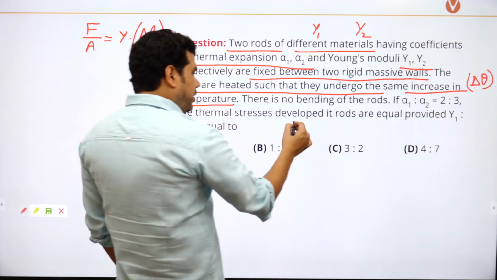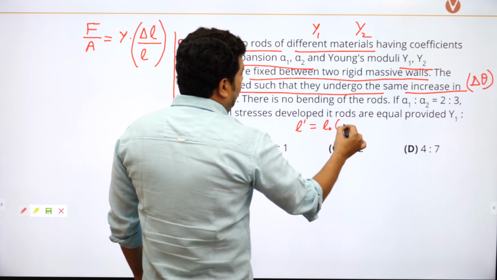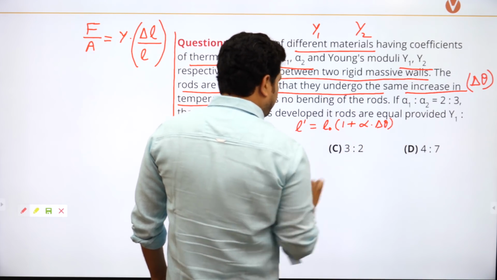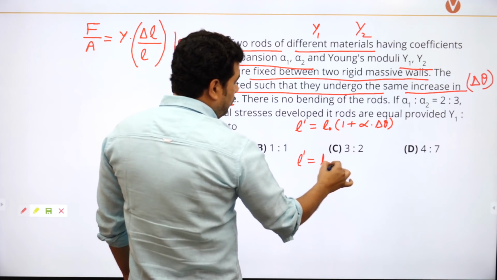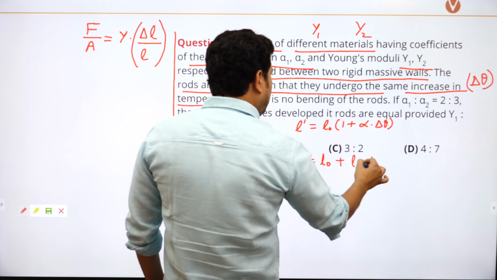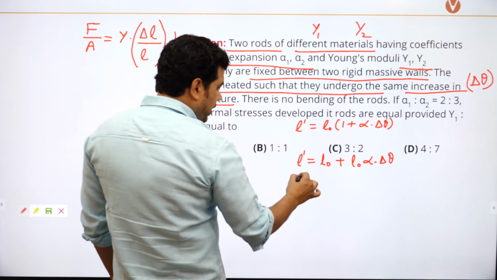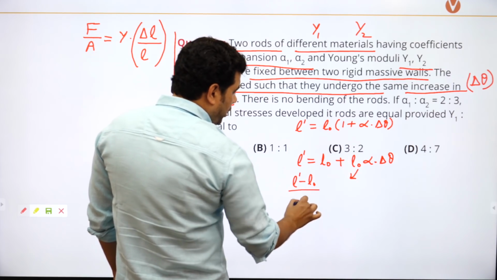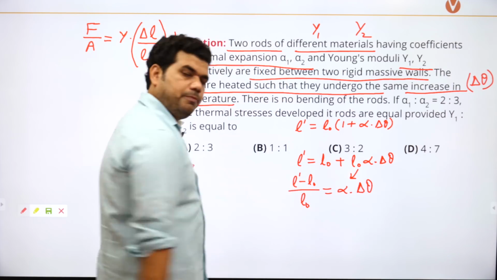And what is the increment in length? L dash is equal to L naught times 1 plus alpha delta theta. Now when we multiply, we get L dash is equal to L naught plus L naught alpha delta theta. Right? Now we can say L dash minus L naught upon L naught is equal to alpha delta theta.